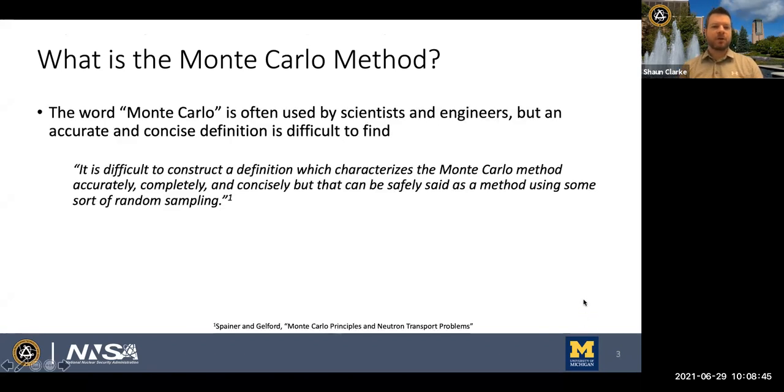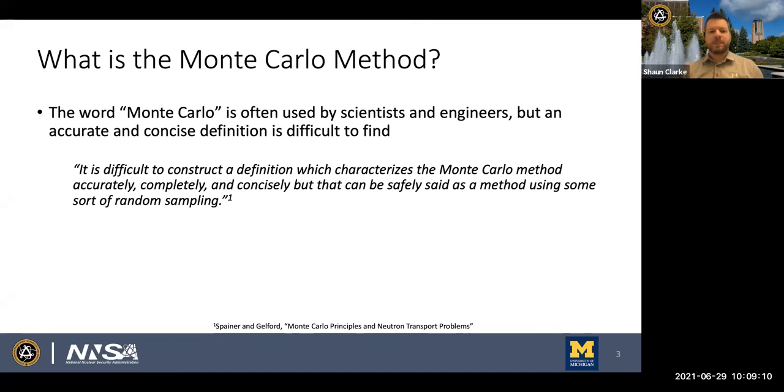So what is the Monte Carlo method? The term is often thrown around by scientists and engineers, and it's not actually very easy to come up with an accurate and concise definition. In fact, I have a quote here on the slide explaining just that. It's difficult to construct the definition that characterizes Monte Carlo accurately, completely, and concisely.